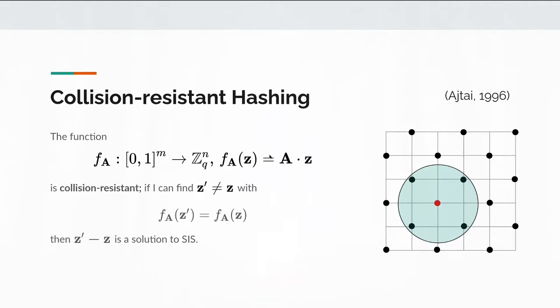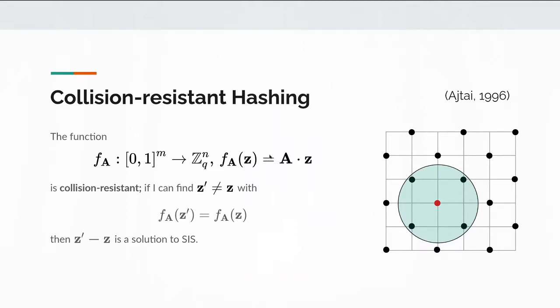So this function that I've defined looks a bit fancy. It's just saying, take a binary vector, multiply it by the matrix. And this function is collision-resistant. It says, well, if I could find a collision, z prime and z, then their difference is bound to be short because the inputs are binary vectors, so they're quite short vectors, they must be.